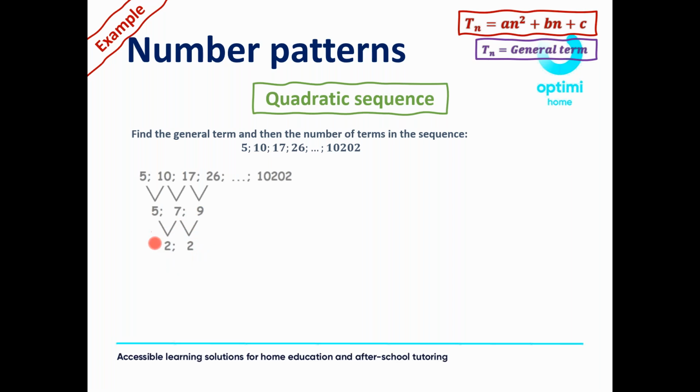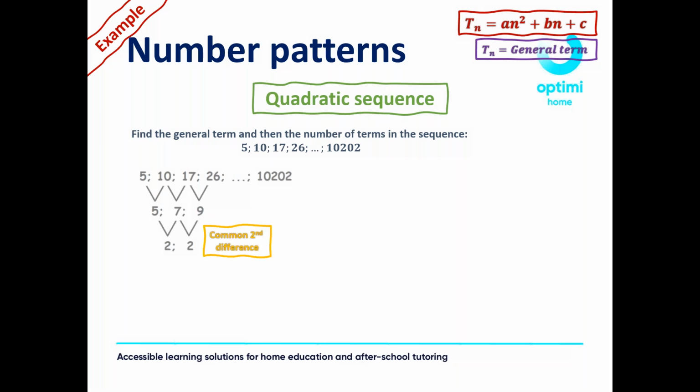And then only I have a common difference. And we call this a common second difference because we've done that twice. And a common second difference shows me that I'm looking at a quadratic sequence.